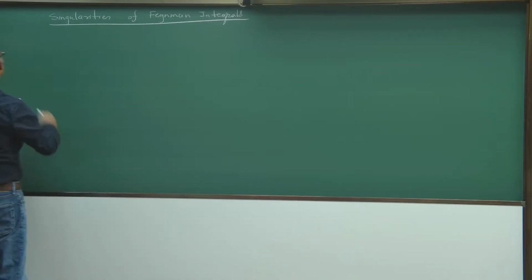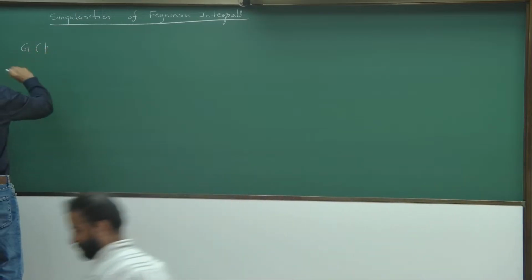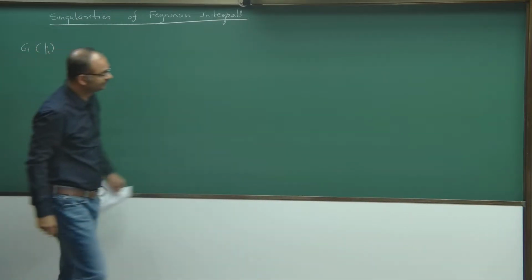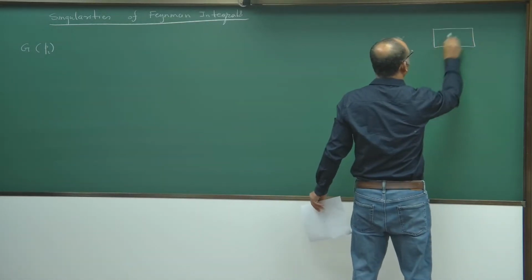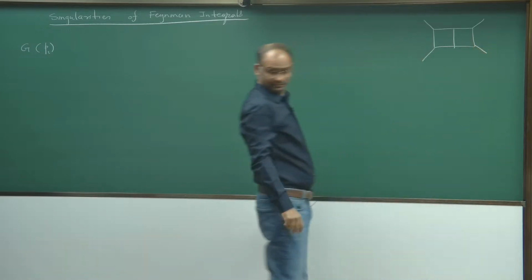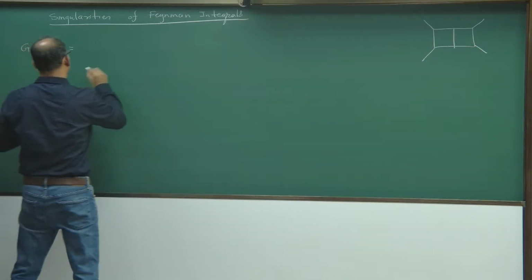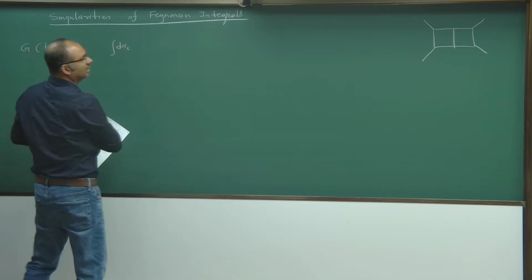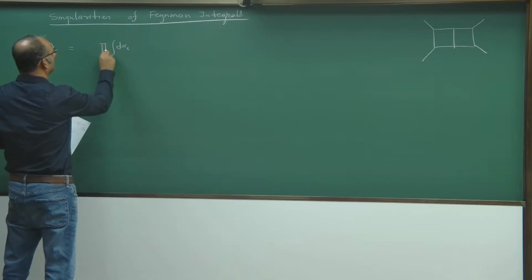So if you look at an integral which depends on external momenta p_i, you can have any number of lines, any number of loops, and this is given by an integral over the Feynman parameters corresponding to each line.